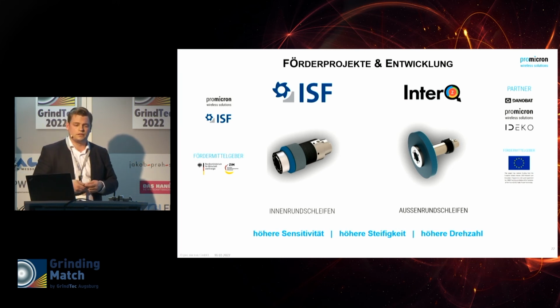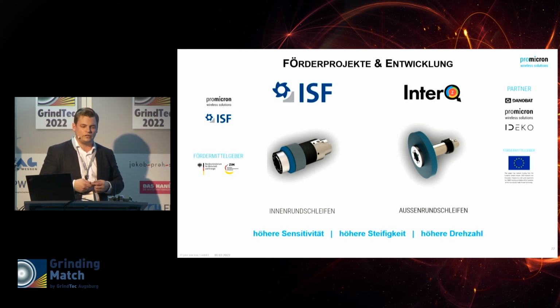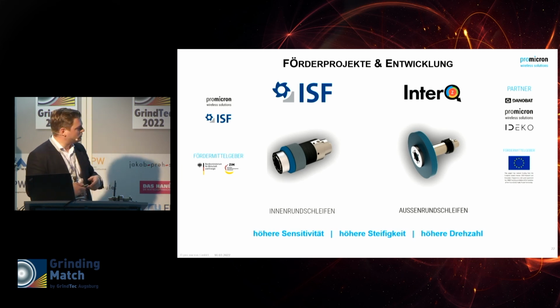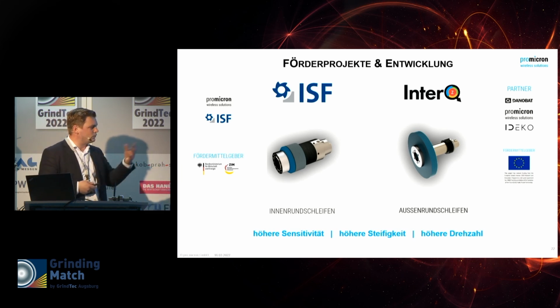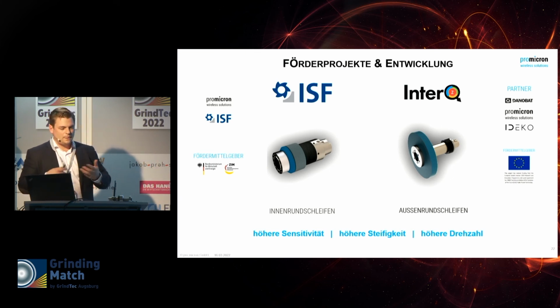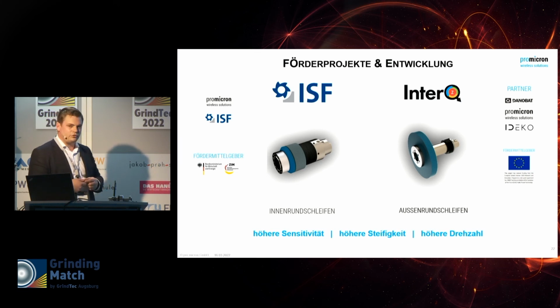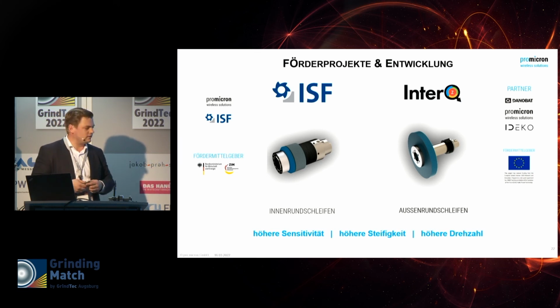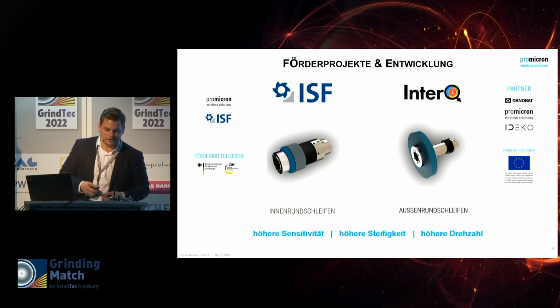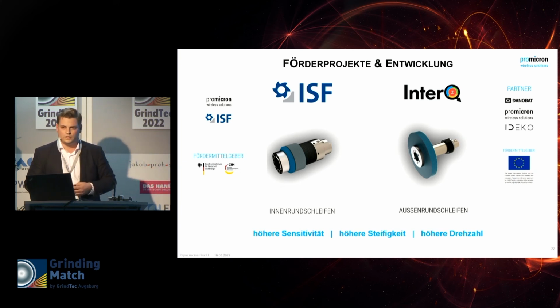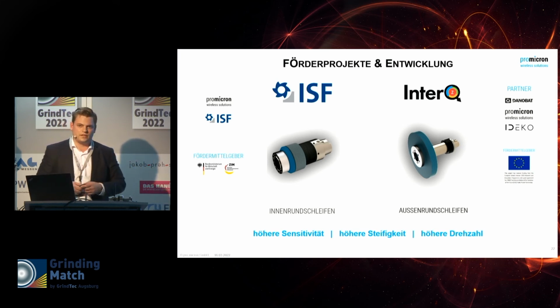The system has to be perfected, and we try to get as much information as possible. Internal and external cylindrical grinding have some conditions requiring higher sensitivity, more rigidity of the holder and the tool, and higher revolutions. 18,000 revolutions, that's limited.